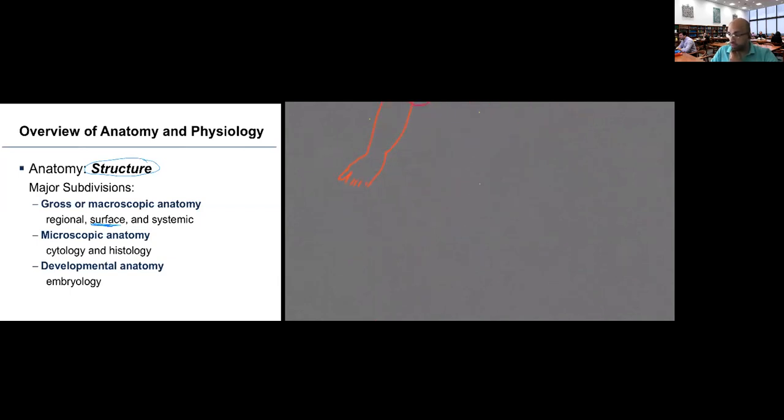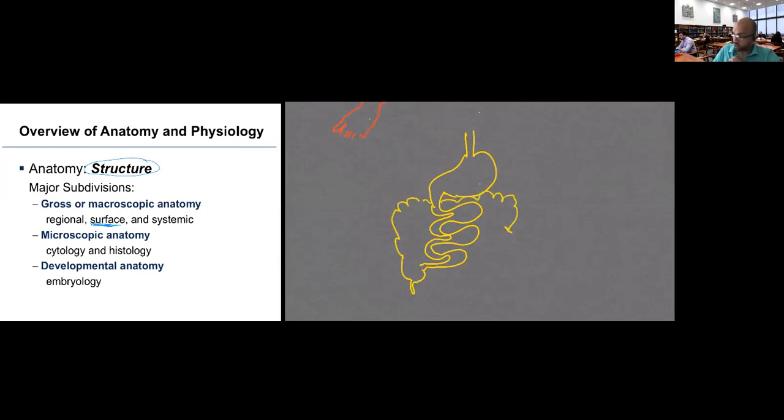We also can describe the structure according to the system of organs that share a common function, or work together to conduct a specific function. Like, for example, we will be discussing the digestive system. So we're going to learn about the different organs that share to allow the digestion to take place.